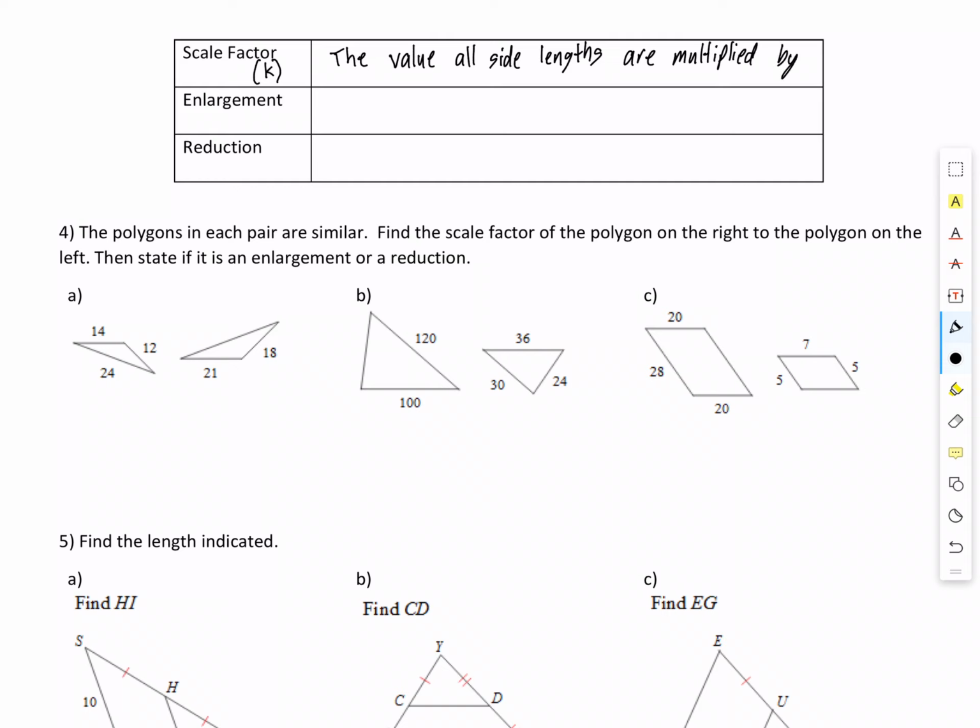And again, as mathematicians, we always got to put things as a letter. That's what we call our K. Alright, so K is our scale factor, the value all side lengths are multiplied by. Then from our K we determine whether it's enlargement or reduction.